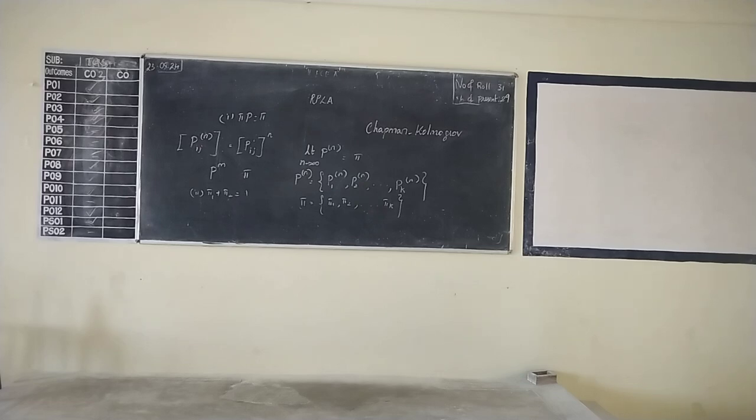Another notation: limit n tending to infinity of the n step transition probability. Or long run, or any nth trial.